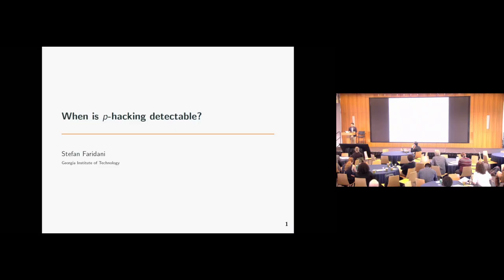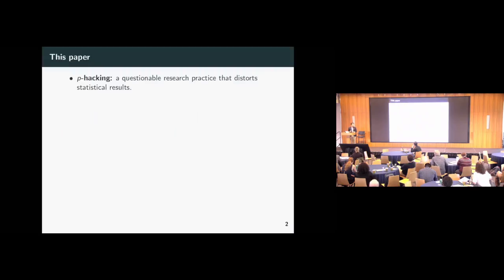When is p-hacking detectable? I'm going to start by summarizing everything I'm going to say today in a single slide. P-hacking, as some of you might be aware, is a questionable research practice that distorts the scientific record and statistical results.